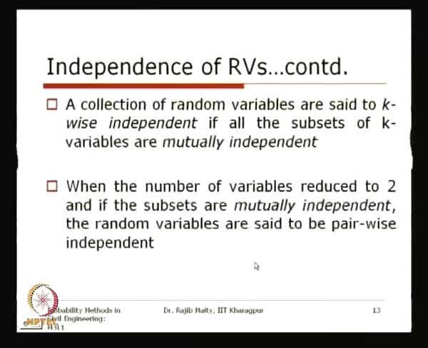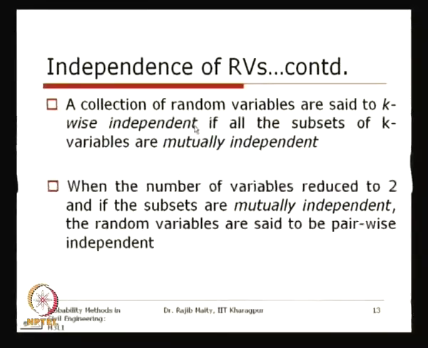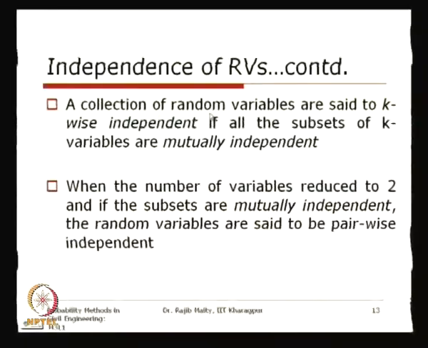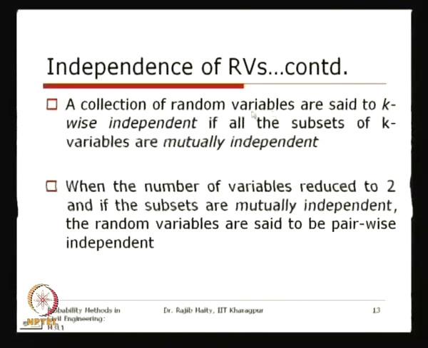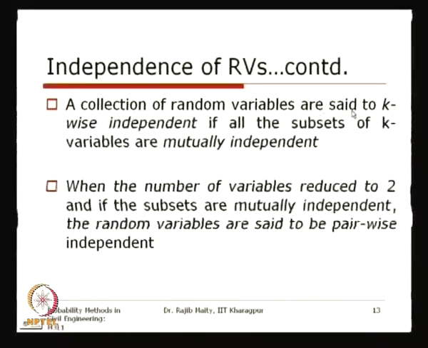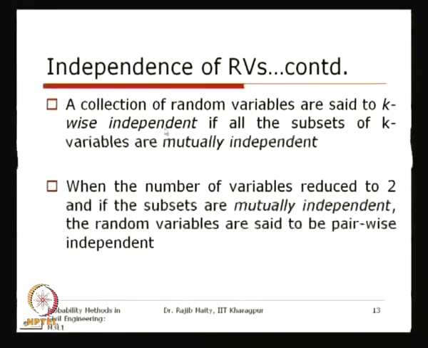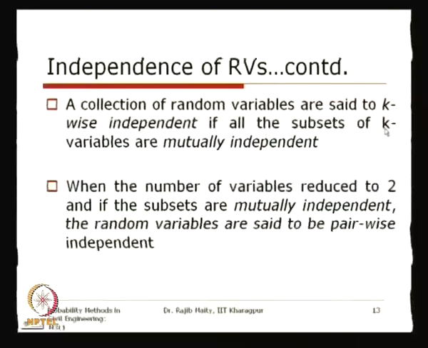Then there are k-wise independent random variables. Suppose there are n random variables in a set. They are said to be k-wise independent if all the subsets of k variables are mutually independent. Obviously k is less than n.